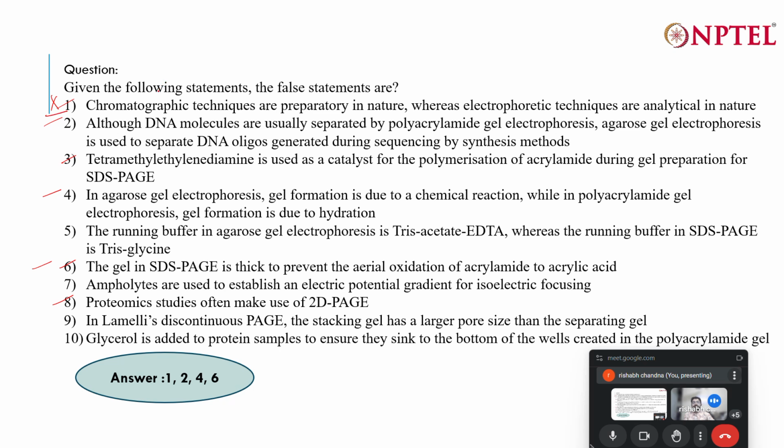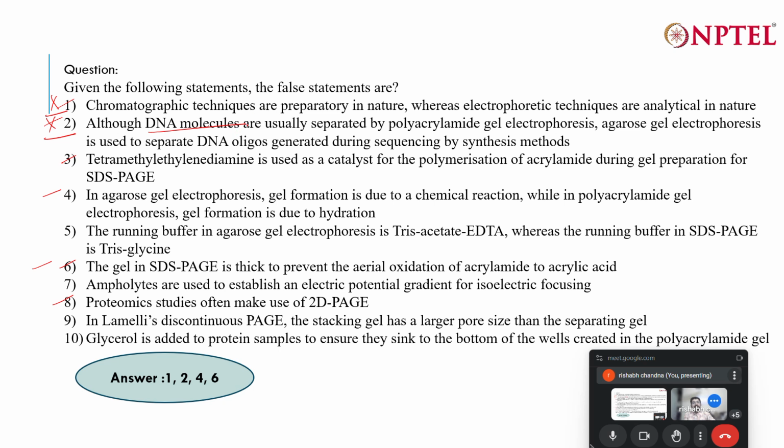Moving to the second option, although DNA molecules are usually separated by PAGE, polyacrylamide gel electrophoresis, agarose gel electrophoresis is used to separate DNA oligos generated during sequencing by synthesis method. This is also vice versa. Agarose gel is routinely used to separate the DNA molecules.